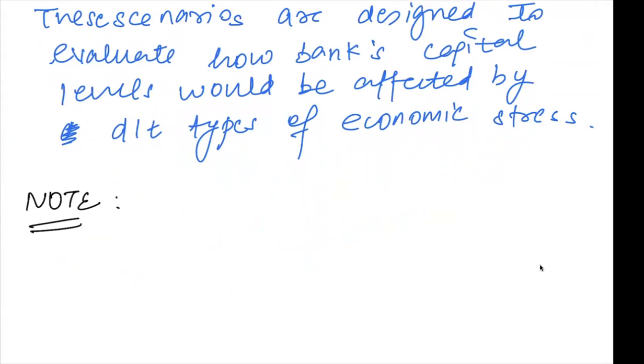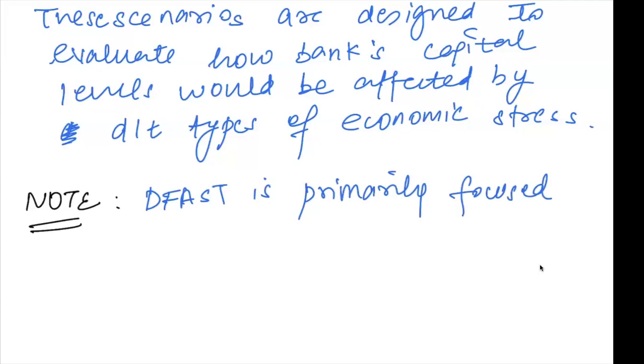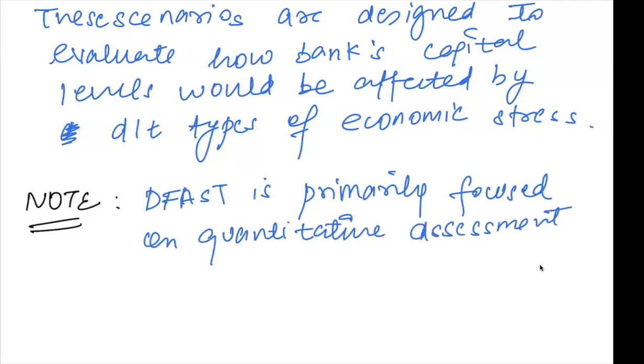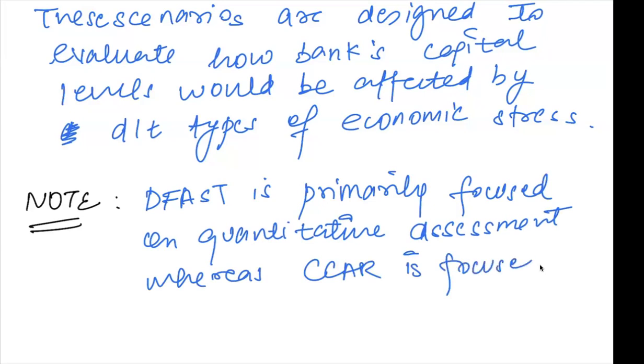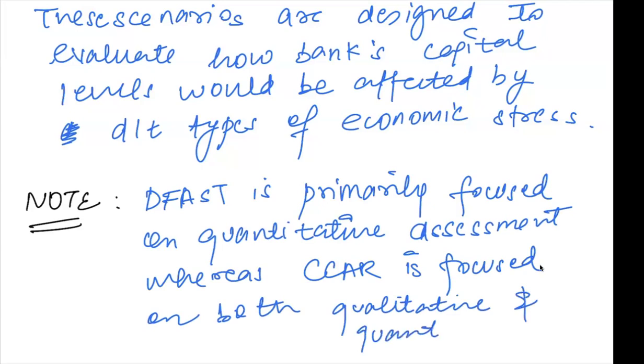DFAST is primarily focused on quantitative assessment and does not include a qualitative review, whereas CCAR is focused on both qualitative and quantitative assessment.